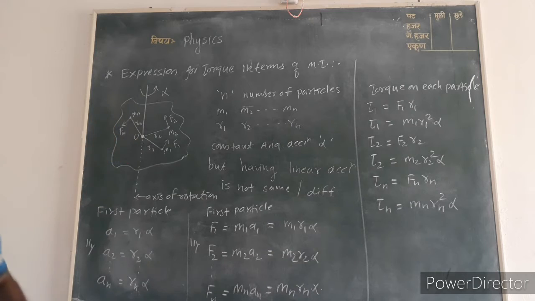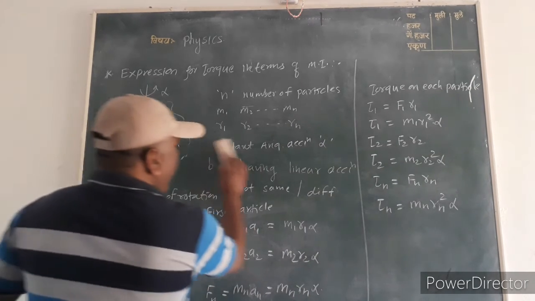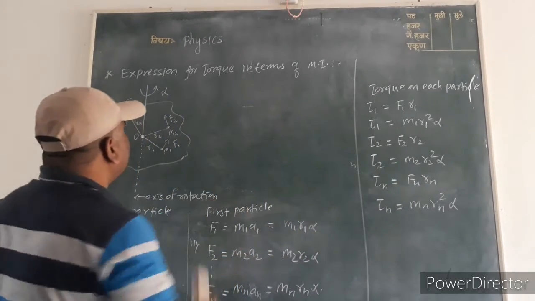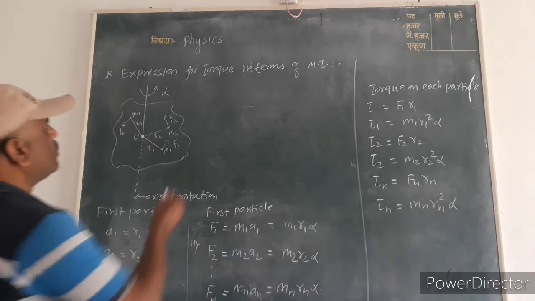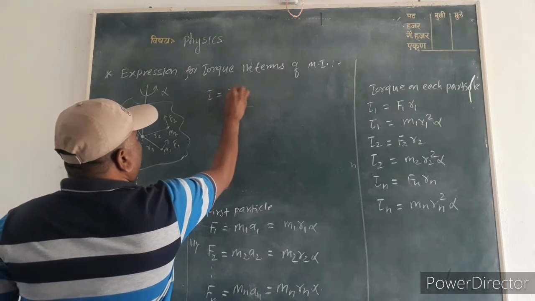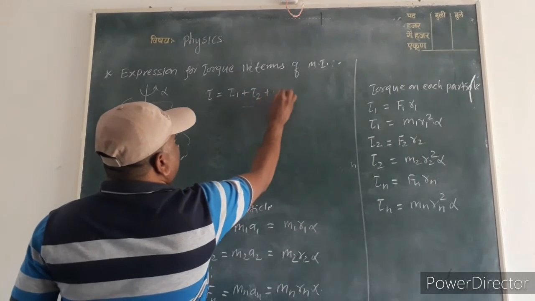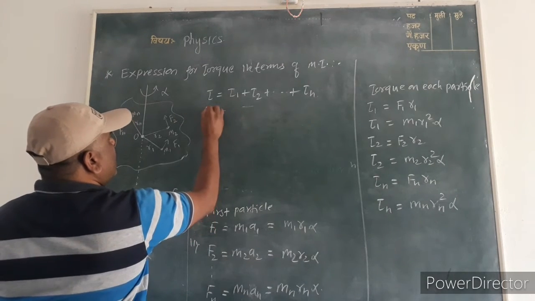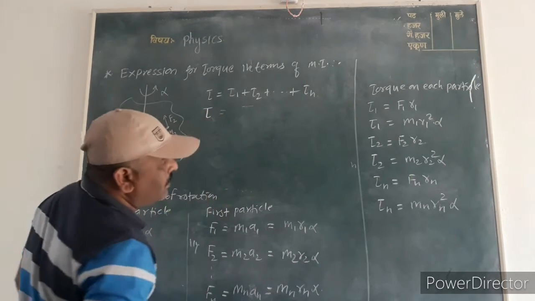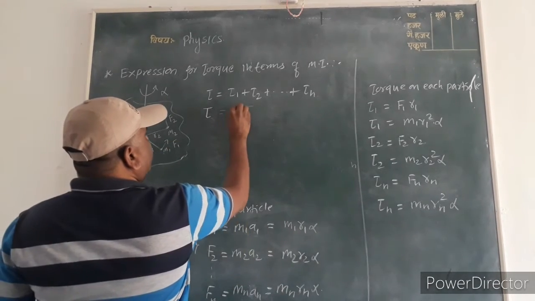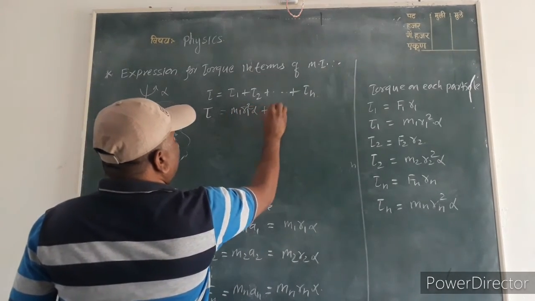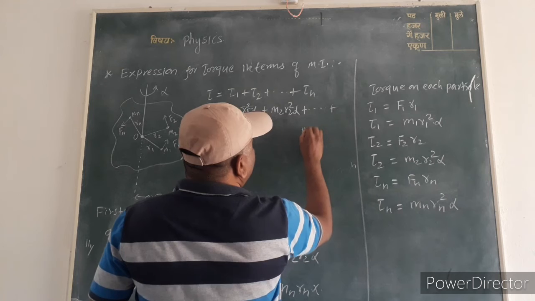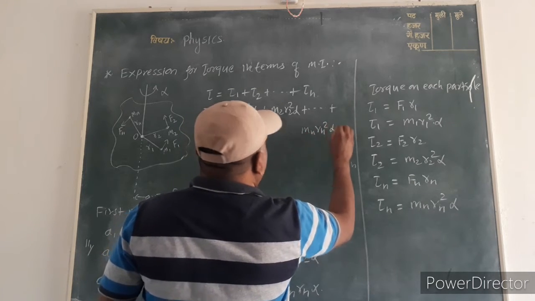Now we find the total torque acting on the whole rigid body. The total torque τ is equal to τ1 plus τ2 up to τn. Therefore, τ is equal to m1 r1 square alpha plus m2 r2 square alpha up to mn rn square alpha.